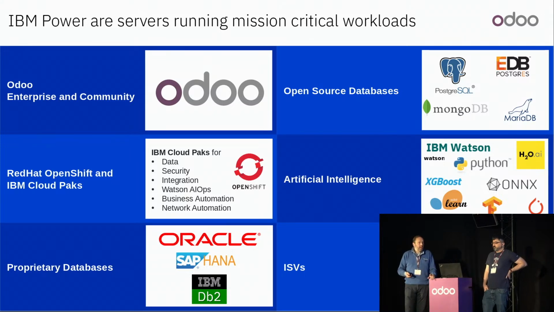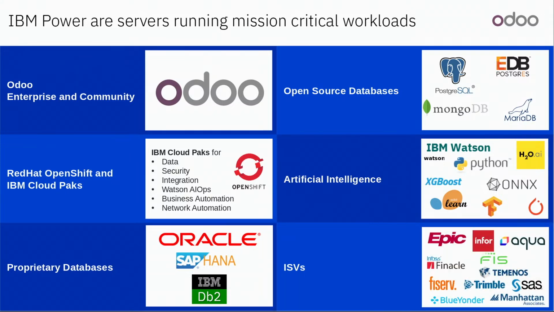So here, Power10, IBM Power, we are running a lot of different workloads. I'm just presenting IBM Power because I'm not sure that you know what IBM Power is. So this is typically from a business standpoint. I'm presenting on this slide all the workloads we are running on IBM Power.